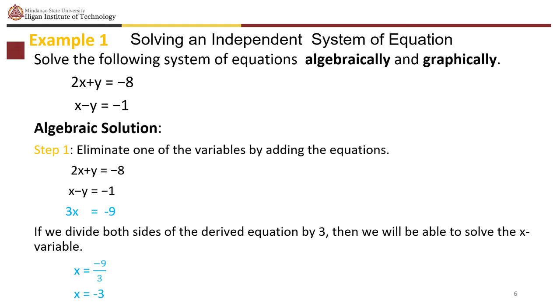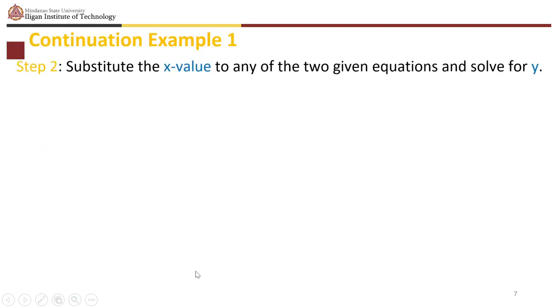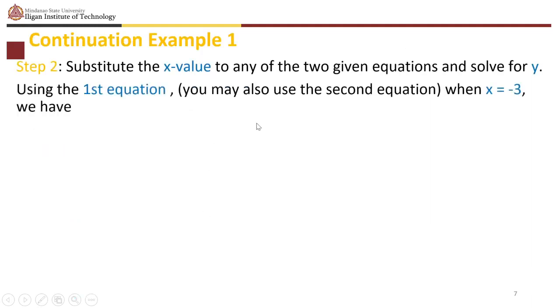Now, because there are two variables, we still have to solve for the value of y. And how do we do that? We substitute x = -3 and solve for y. We try to use the first equation, but we can also use the second equation.